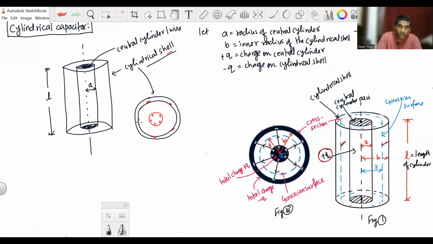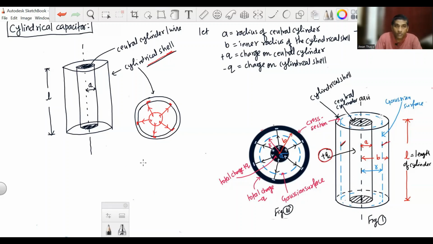So what we find, the electric field is directed from positive towards negative. So we can see the electric field is directed from the central cylinder towards the cylindrical cell.